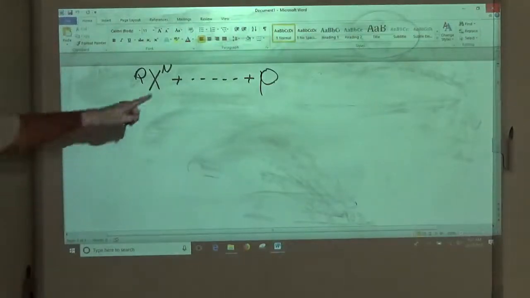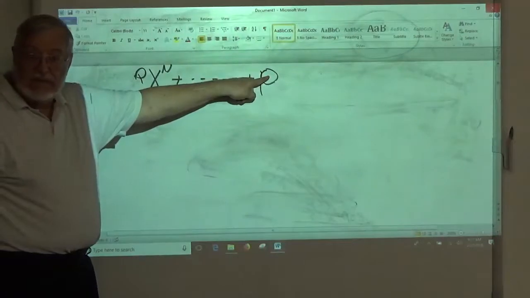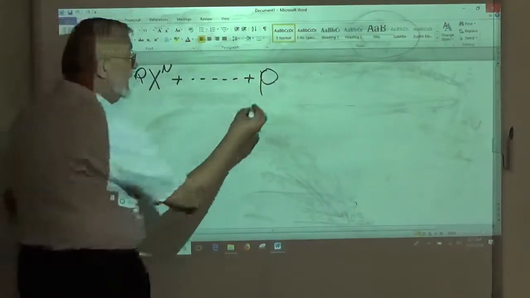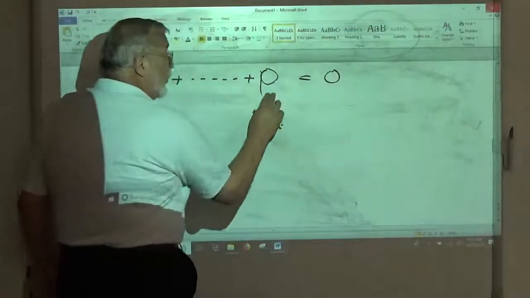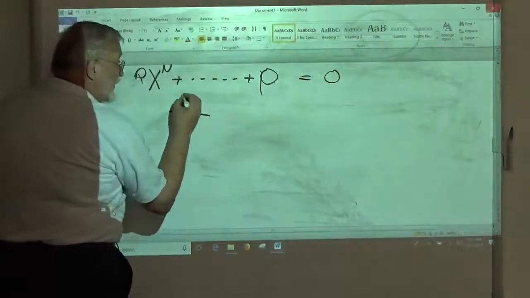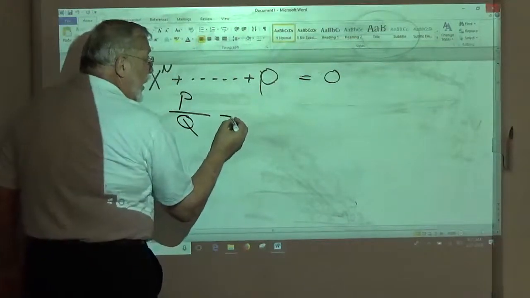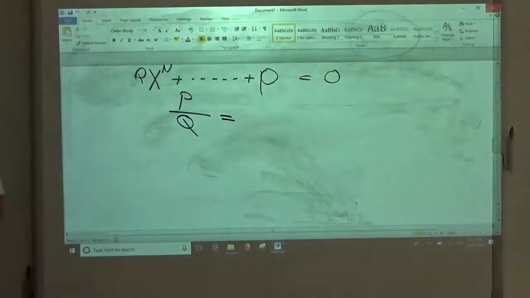If you have this, the number here is the constant. The factors of this, because again, if you say equals 0, what's going to happen to this p is it's going to go to the other side. So all of the factors of p divided by the factors of q are possible values for x.